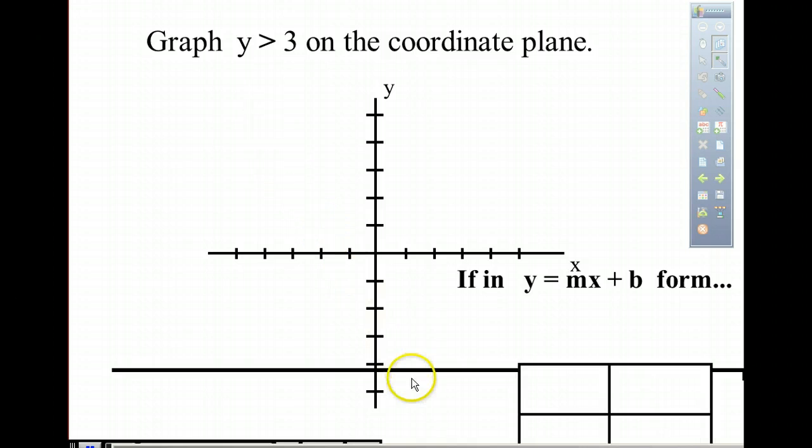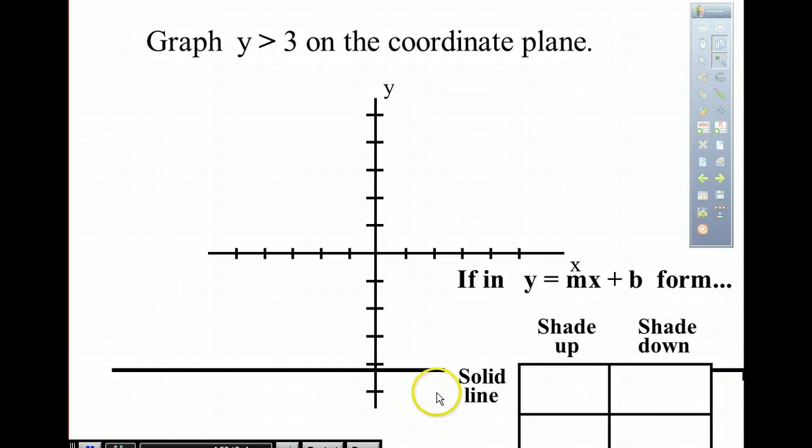And then how do we work with this symbol? So here's a little chart that we like to use. How do you know when to shade up, shade down, solid line, or dashed line? 4 different signs. So if we have greater than or equal to, that's a solid line, and we shade above. If it's less than or equal to, that's a solid line, and we shade down.